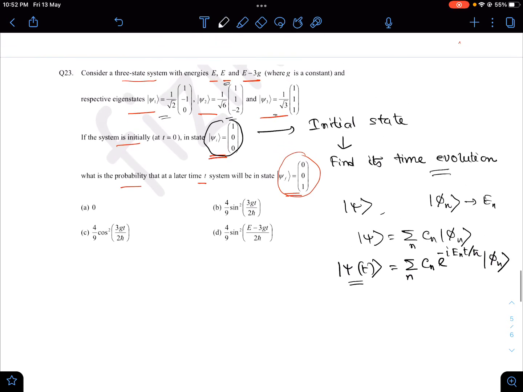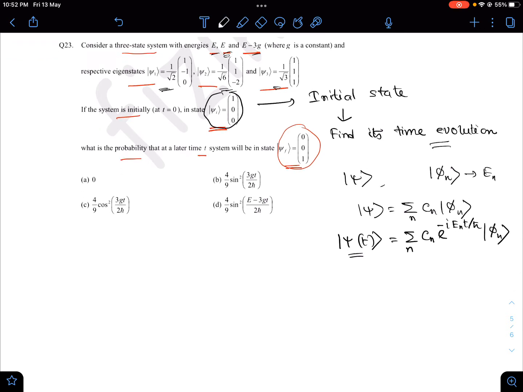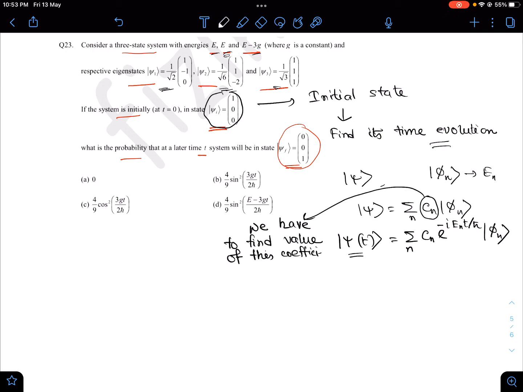So here we have our energy eigenstates and we also have our energy eigenvalues. What we will have to do is first find these coefficients. So let us proceed.